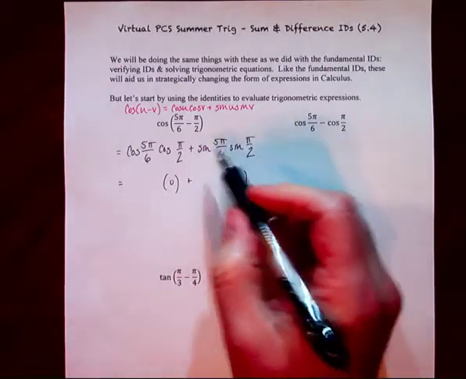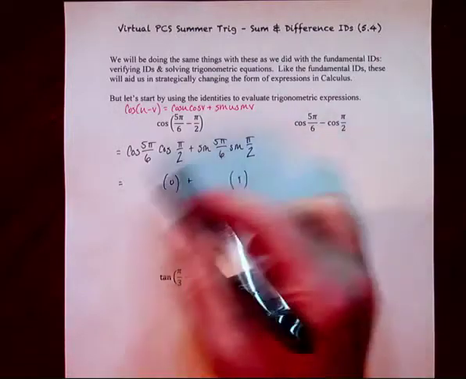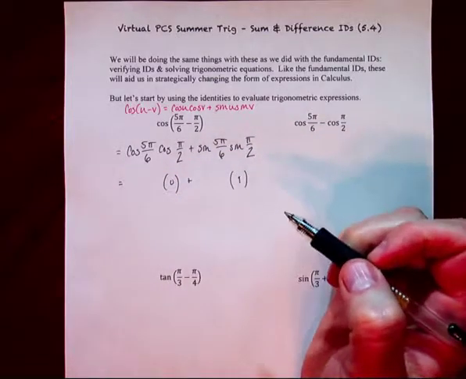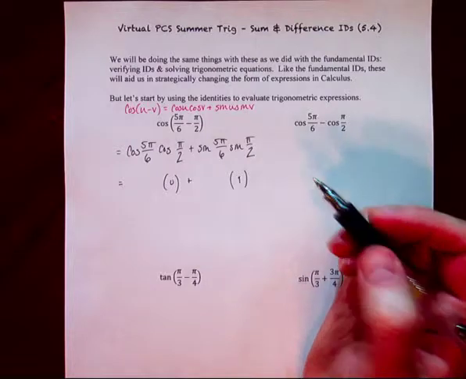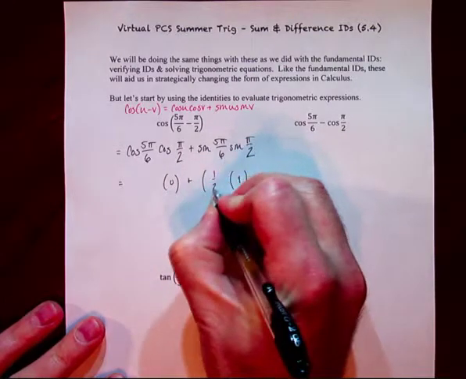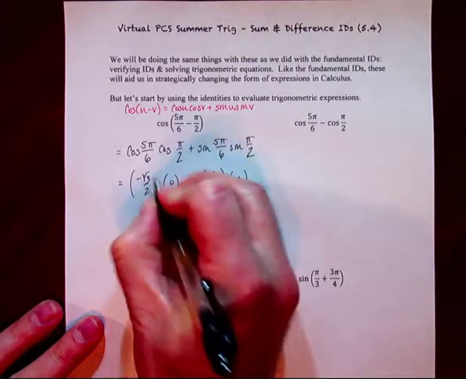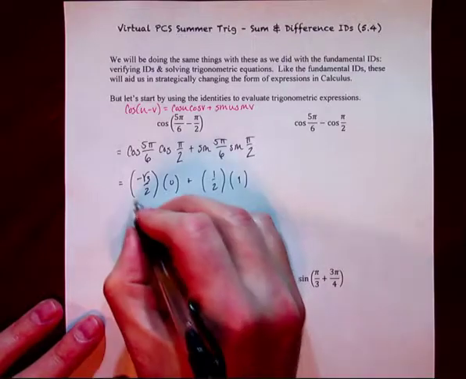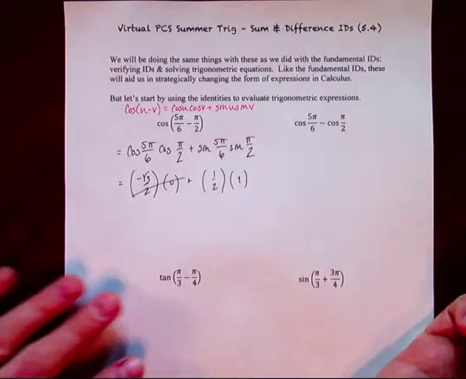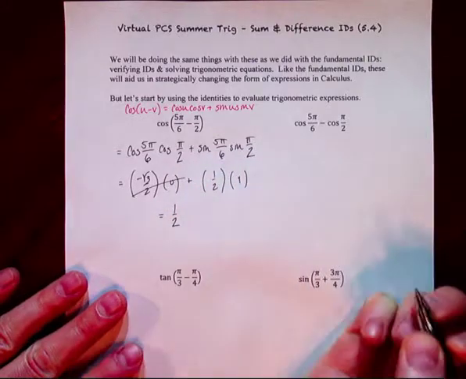Sine of 5 pi over 6, now remember 5 pi over 6 is in the second quadrant, pretty close to pi, having a reference angle of pi over 6. That winds up being positive 1/2, and this is negative root 3 over 2. This whole term goes to 0, and this sum is 1/2.